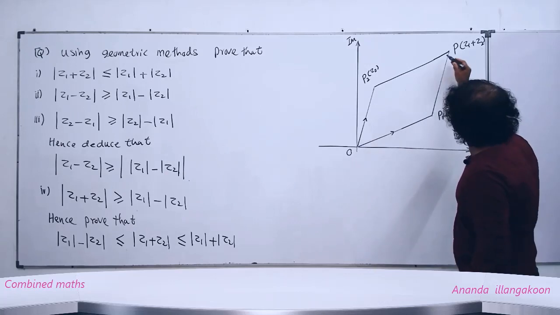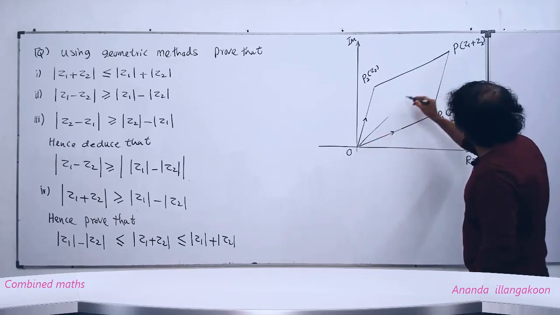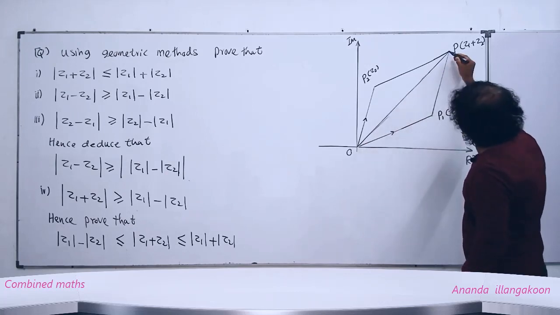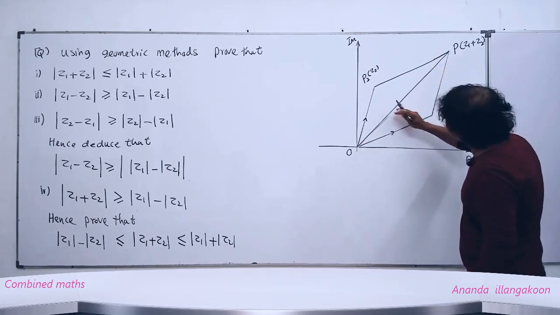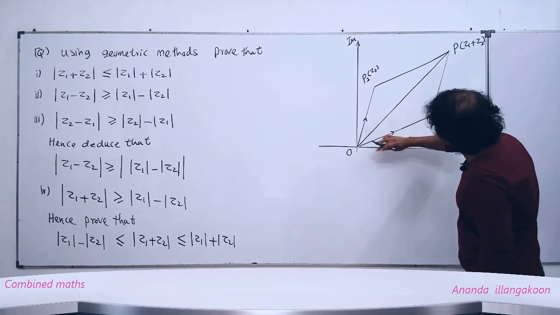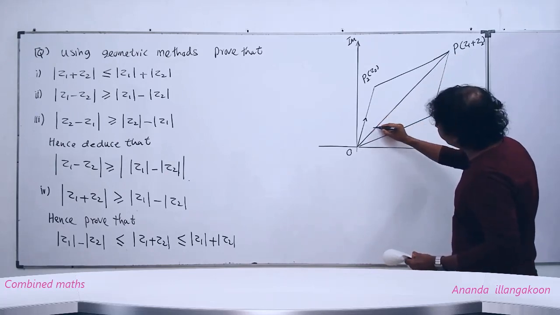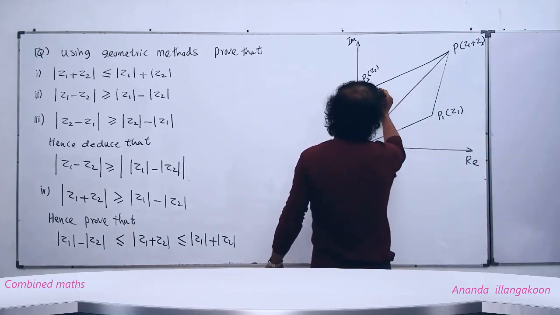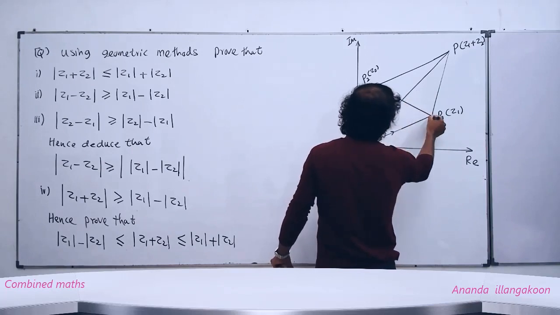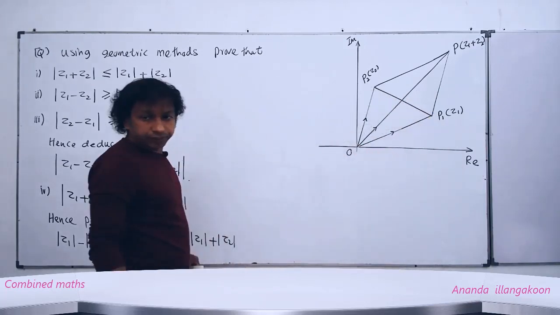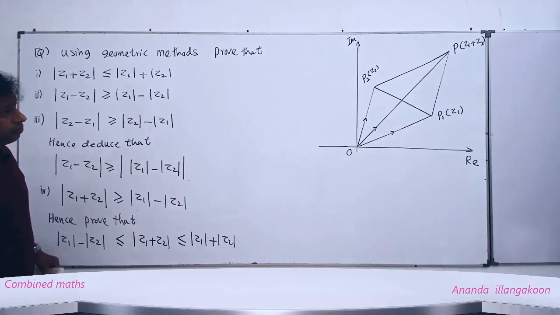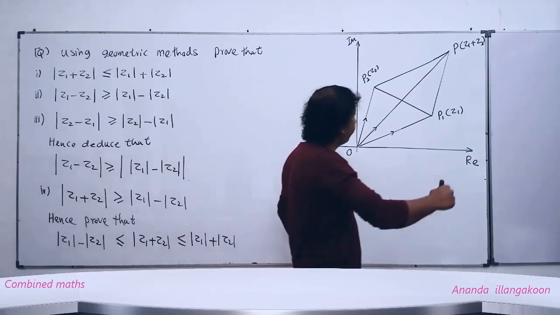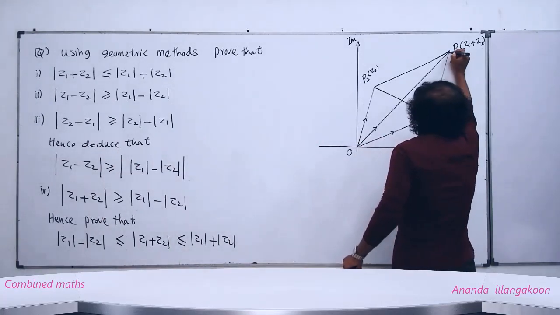This OP gives the sum of Z1 and Z2. And then I join this P1, P2 line. This is the required diagram we should use to get these answers.